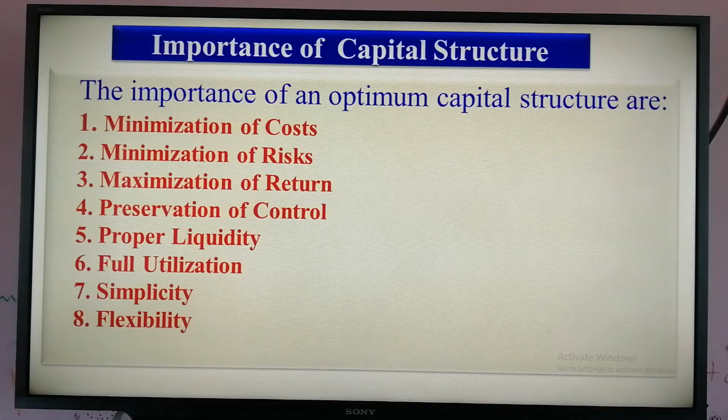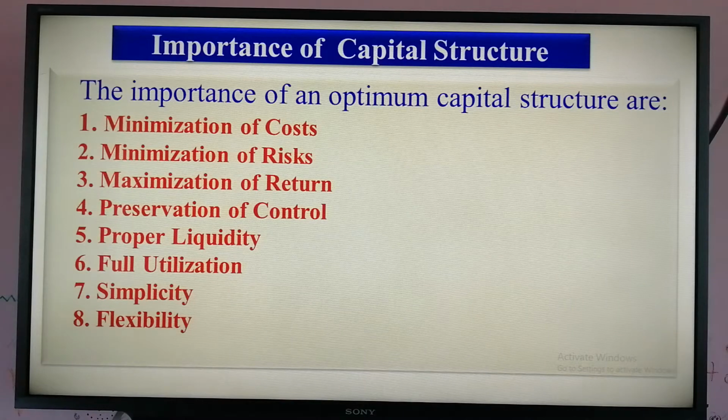Preservation of control. Preservation of control means keep the control in the hand of the board of directors of the company. Don't lose it. If you lose it, your company may fall into a trading position. So how can you control your company?